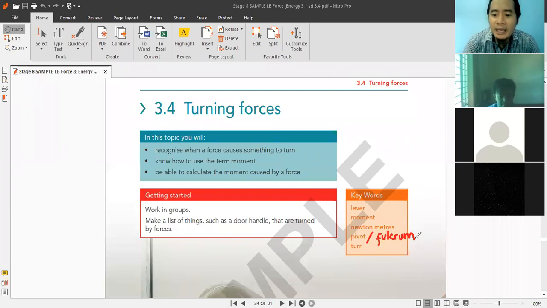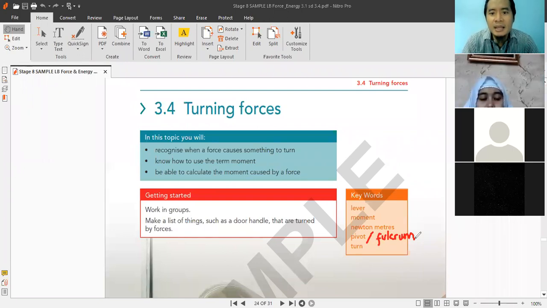What is pivot or fulcrum? We will discuss it after this. Okay, we continue.